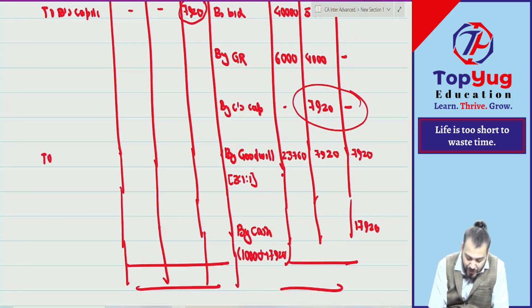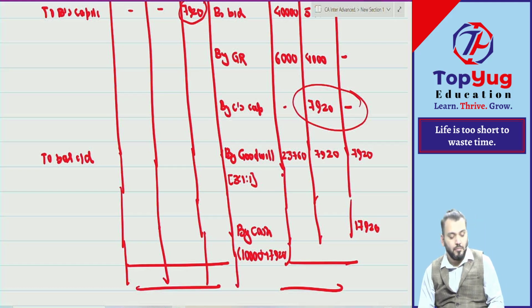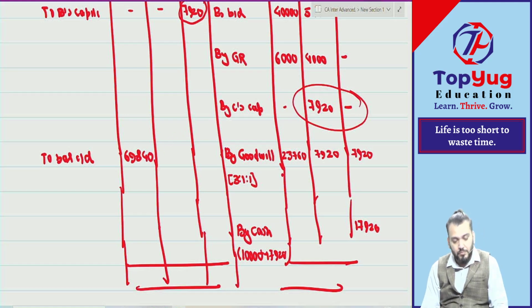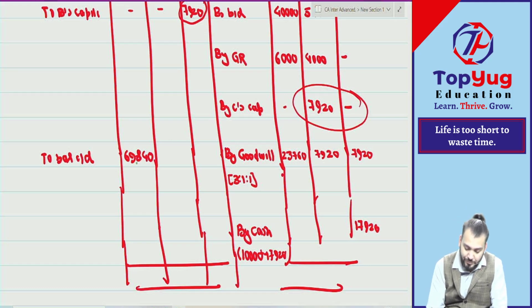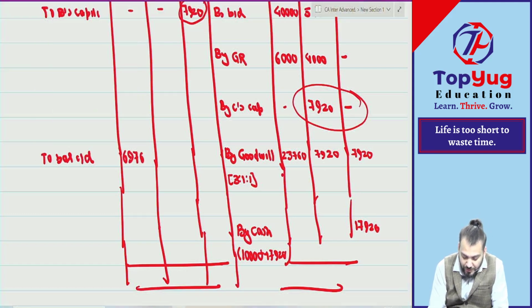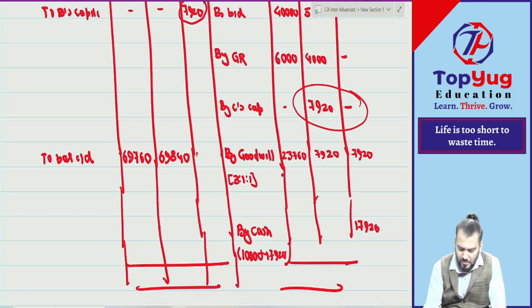So can you give me the two balances carried down up to admission? 69,840, 69,760, then 69,760, then 69,840, then 17,920.